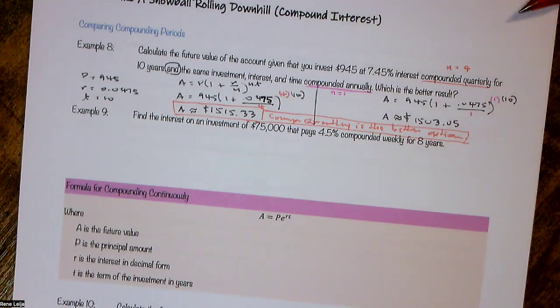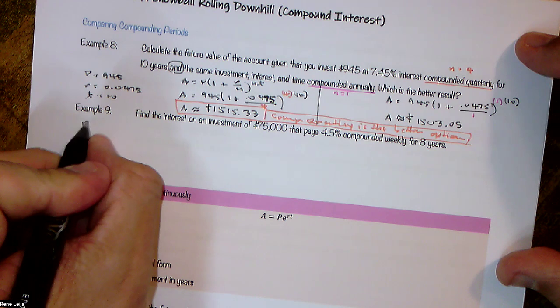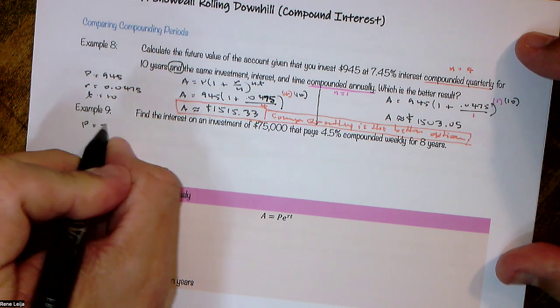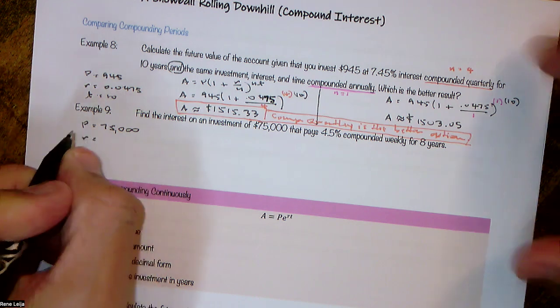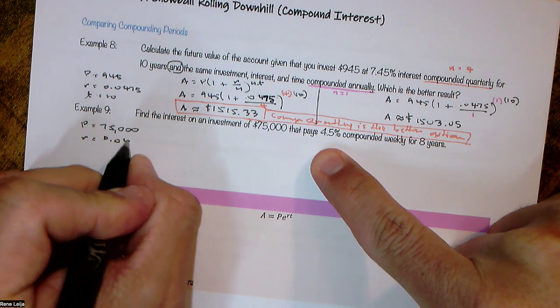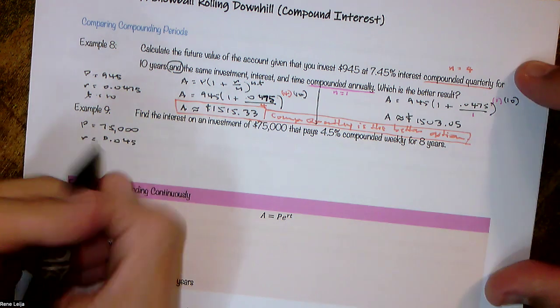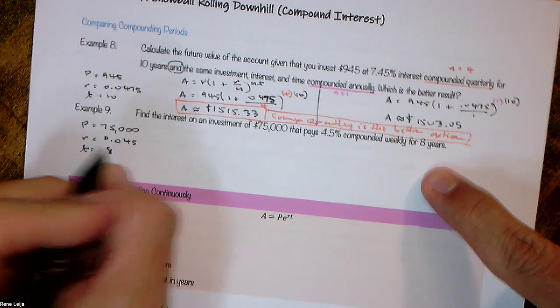Okay, so first let's identify our variables. So our principal, our investment, is going to be $75,000. Our interest rate is going to be 0.045. Our T is going to be 8 years.